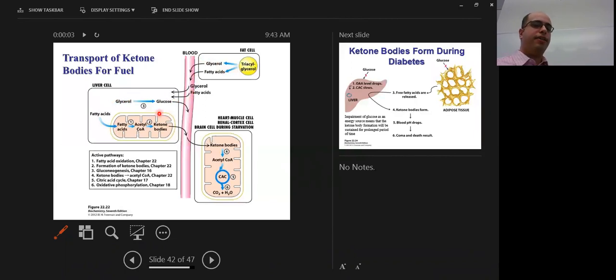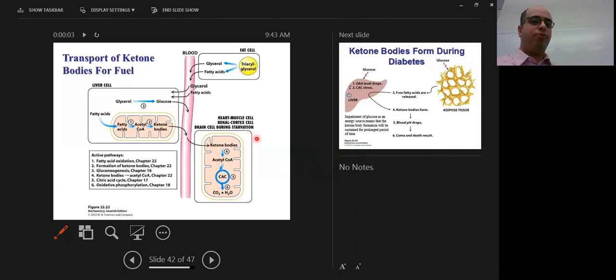Our ketone bodies can be pumped back into the blood, and this is why we can actually physically measure it in our blood draws. And then from the blood, it can go to cells to try and get them back into the citric acid cycle when we have the conditions that are right and we have those TCA cycles replenished again. We can use that for energy.